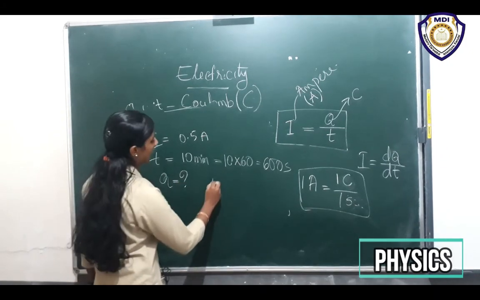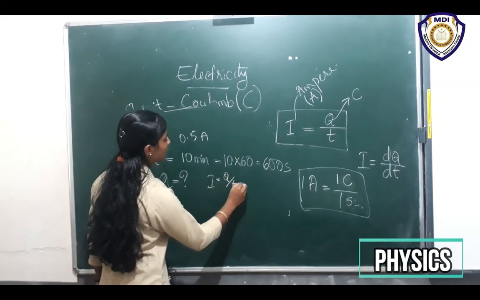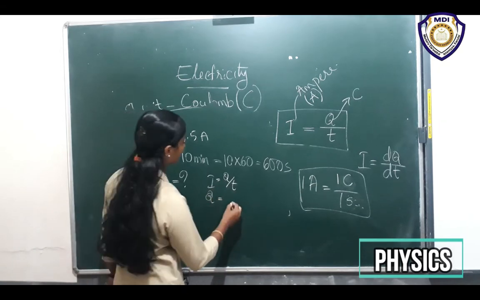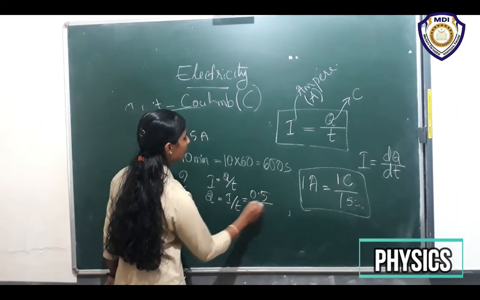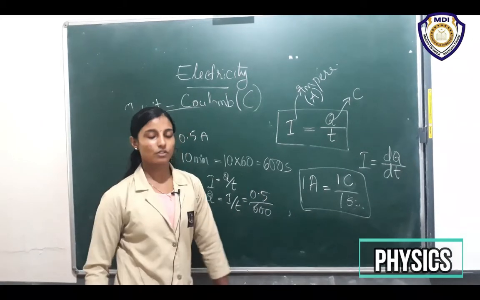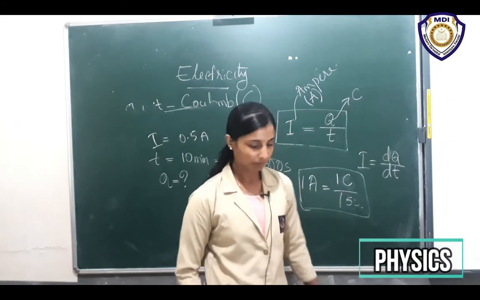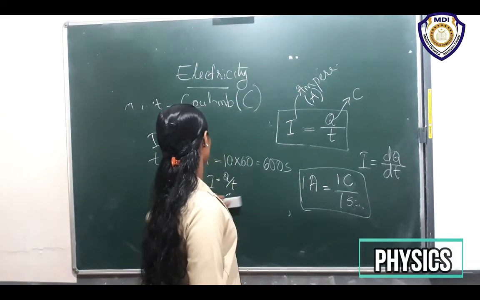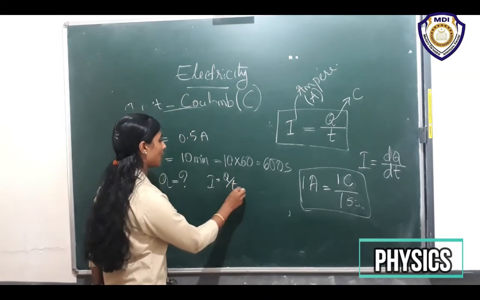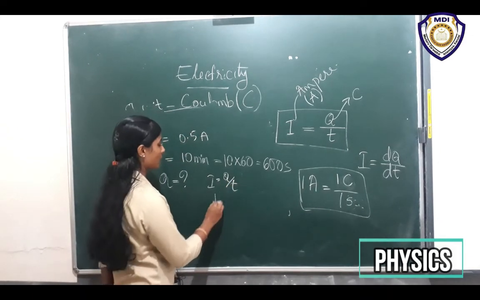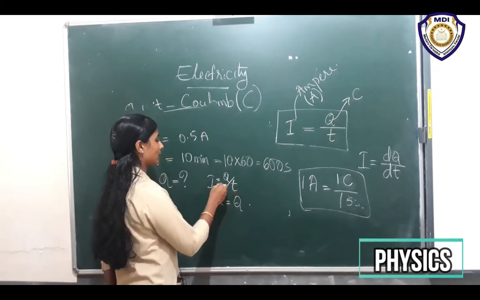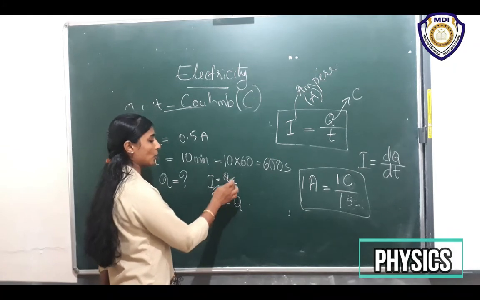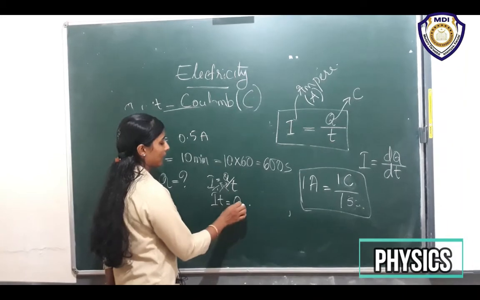What is Q? I is equal to Q by T. We have to cross multiply this, so Q is equal to IT. Here I by 1 is equal to Q by T, so by cross multiplying we get Q is equal to IT.